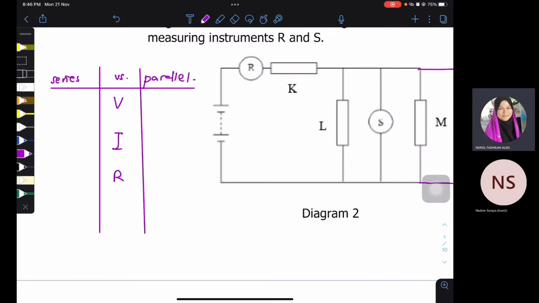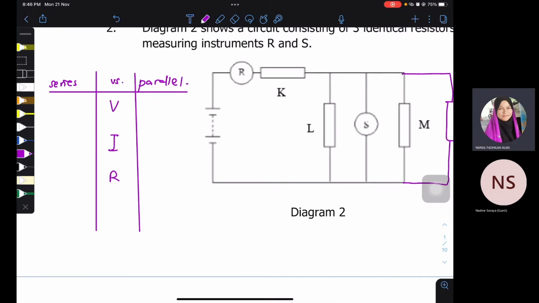Kalau in series, voltage total sama dengan voltage 1 plus voltage 2 plus kalau ada 3, 4 dia akan tambah. Ni kena ingat. Tapi in parallel, voltage total mesti sama dengan voltage 1 sama dengan voltage 2 and so on and so forth. Ini konsep yang you kena tahu.